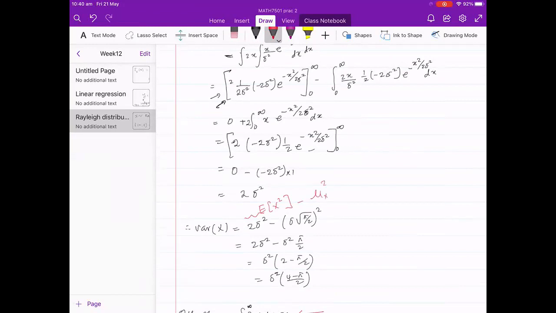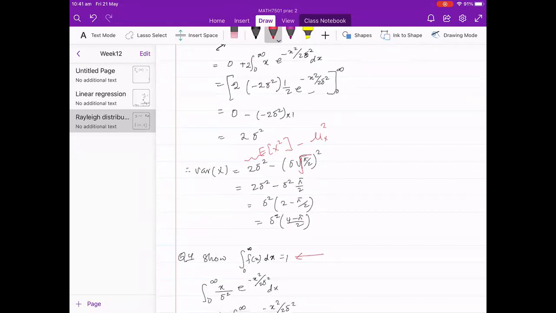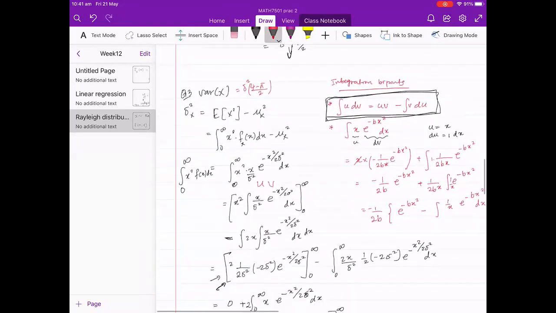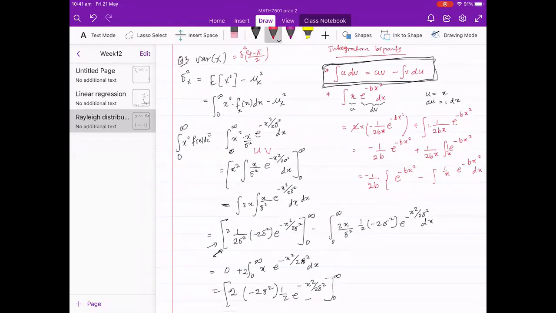Mu we computed previously in the previous question, which is sigma times the square root of pi over 2, and simplifying this part is sigma squared times (4 minus pi) divided by 2. Okay, so that's the variance. I will tidy this up and then provide the full solution once I update the notebook. Okay, any questions?